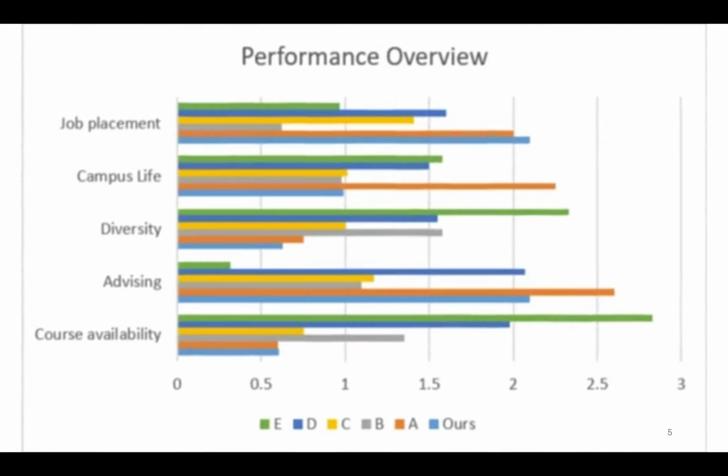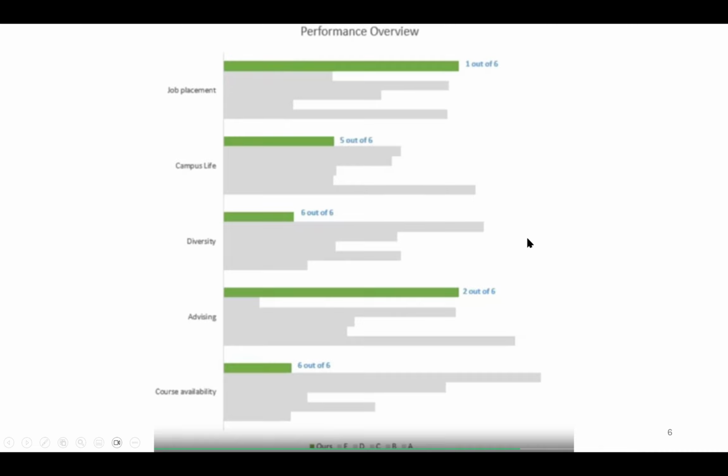We can improve this by doing it like this. Here, several things have been done. First, we have grayed out the other colleges except our college, and that's the first thing we did. And we highlight our college in green consistently. It has been constantly highlighted in green across all the categories.